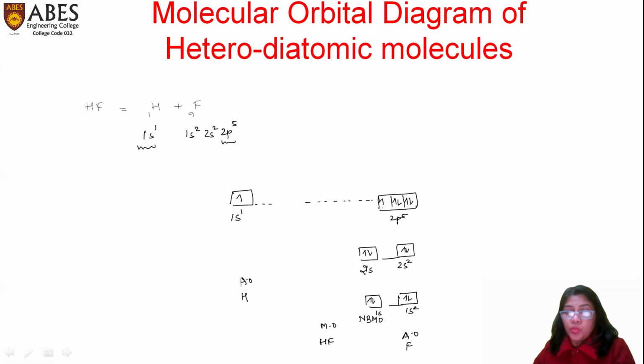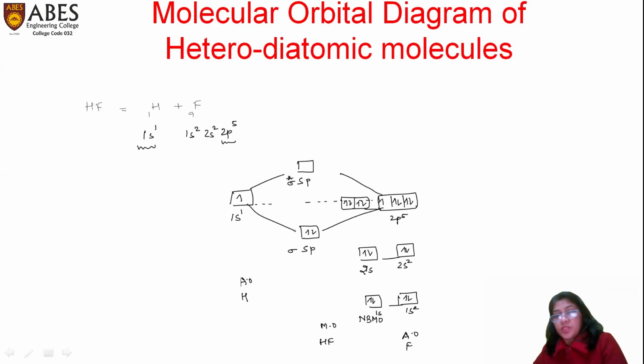From the p orbital, one of the sub-orbitals of p combines with the s orbital of hydrogen, and it forms a sigma sp bond. And the other two sub-orbitals of p, since they are not participating in bond formation, will form non-bonding orbitals. Since one s and one p orbital are combining to form a bond, it will form two molecular orbitals, one sigma sp and the other sigma star sp.